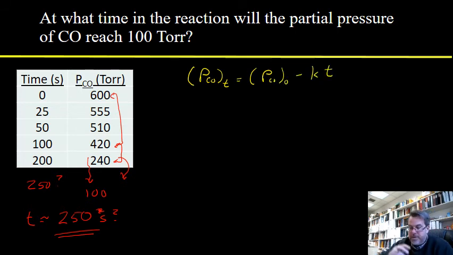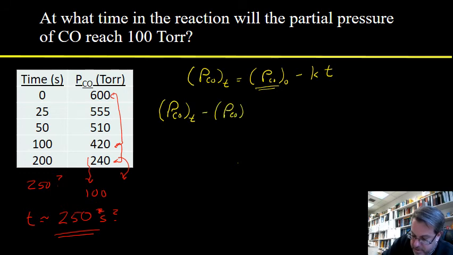Right. In this case, we're trying to solve for t. So let's try to get the t by itself by subtracting out the initial concentration on both sides. Right. So this will give us partial pressure of carbon monoxide at time t minus partial pressure of carbon monoxide at T0, which is the initial, is equal to negative kt.